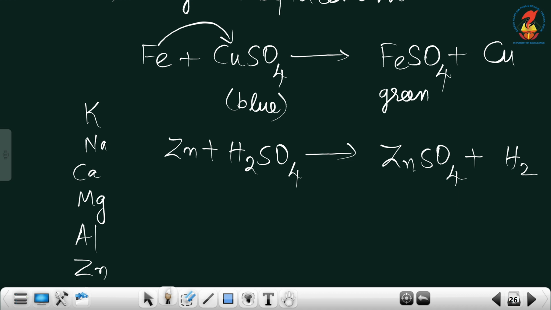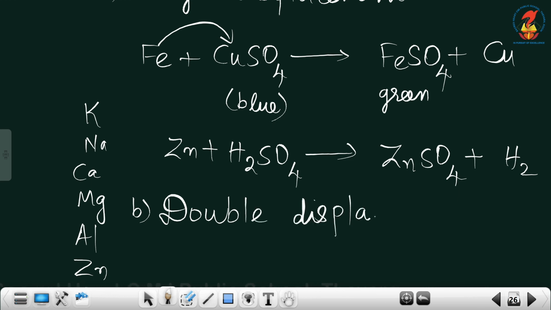In a displacement reaction where both the reactants are displaced by each other mutually, we call it a double displacement reaction.